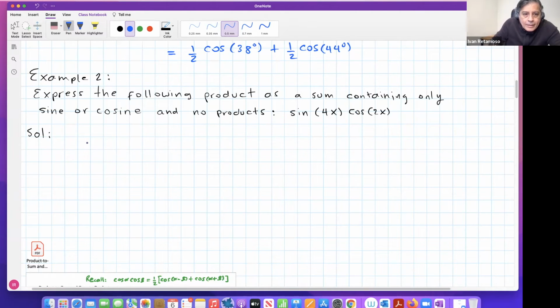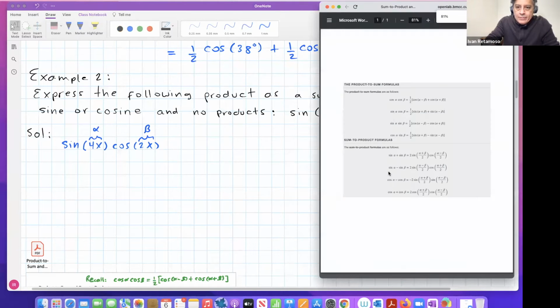All right. Again, start by writing out sine of 4x times cosine of 2x. And let this guy behave like alpha. Let this guy be beta. And choose a formula that allows you to do this. Basically, look at your sheet of formulas.